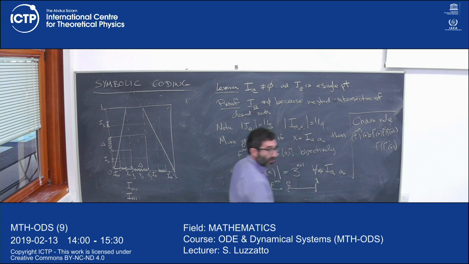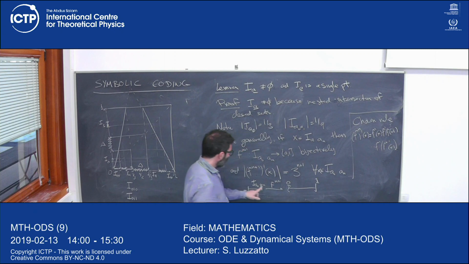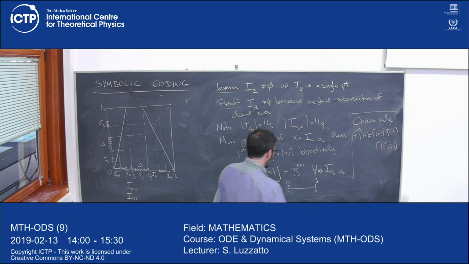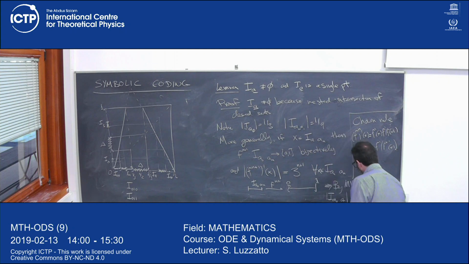And now we use the mean value theorem to get that this is equal to the derivative times this. So by the mean value theorem, we have that the measure of A0 to AN is less than or equal to, in this case equal to, 1 over this, which is 3 to the minus n plus 1. Because when you multiply this length by 3 to the n plus 1, you get exactly 1, which is the length of this.